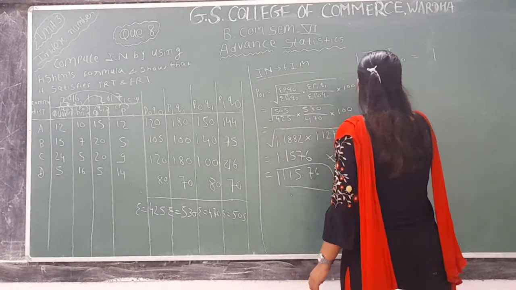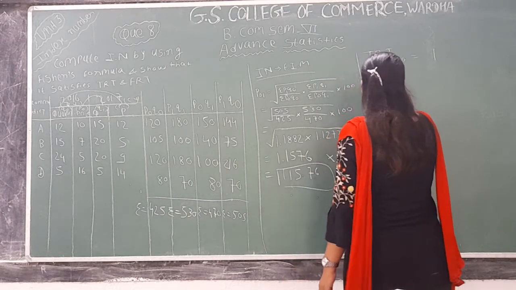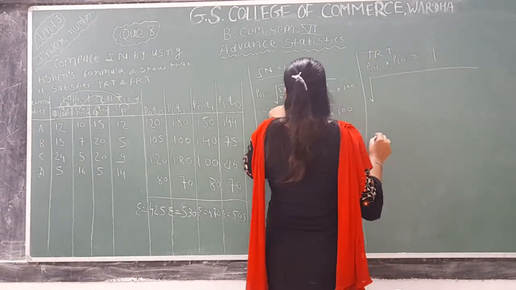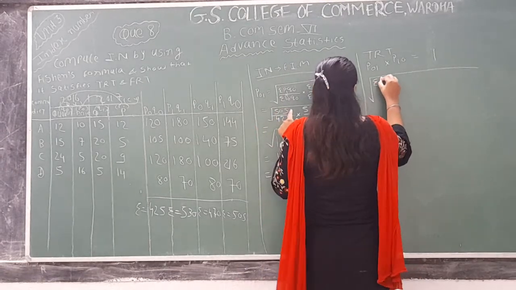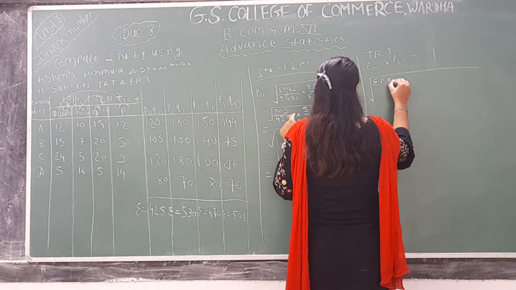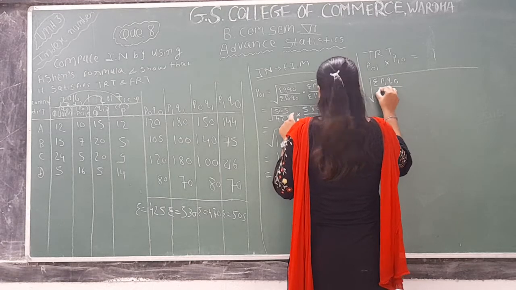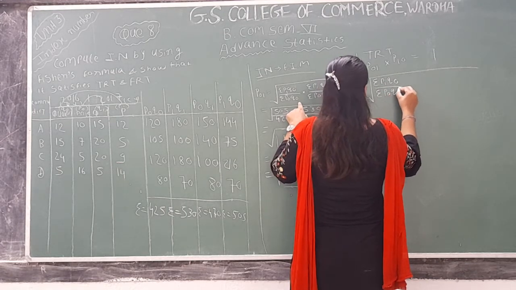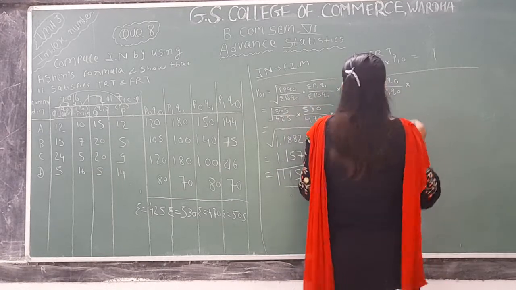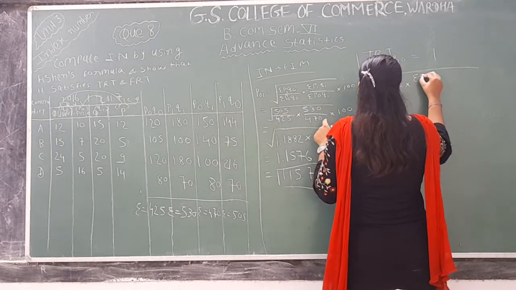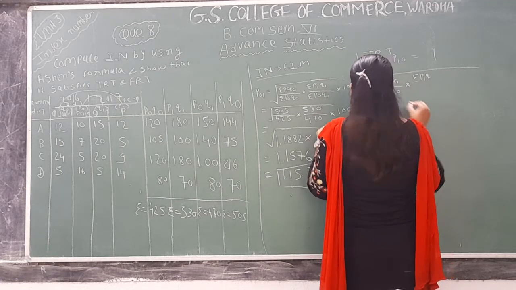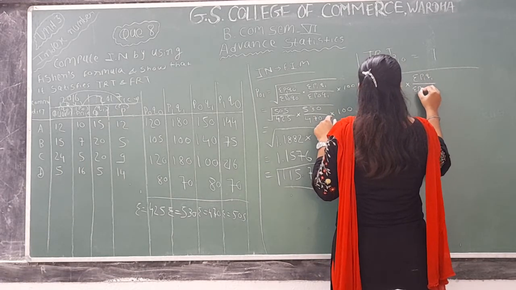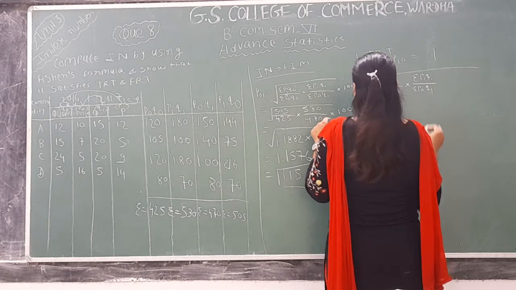First, the formula for computing P01 is the square root of summation P1 Q0 upon summation P0 Q0, into summation P1 Q1 upon summation P0 Q1.